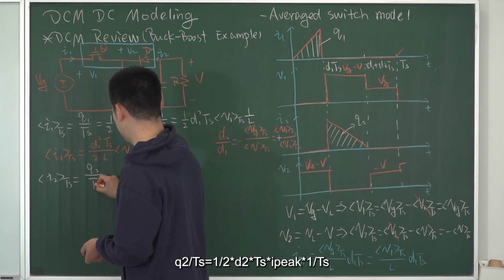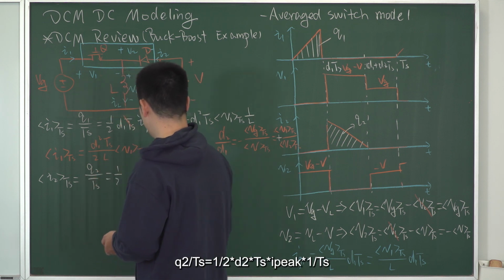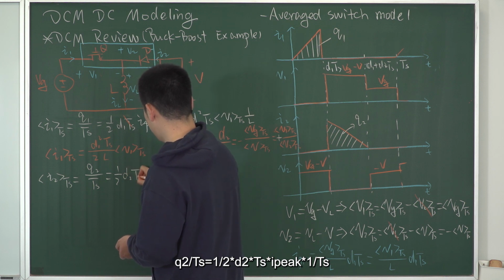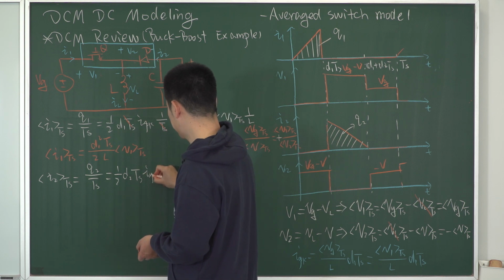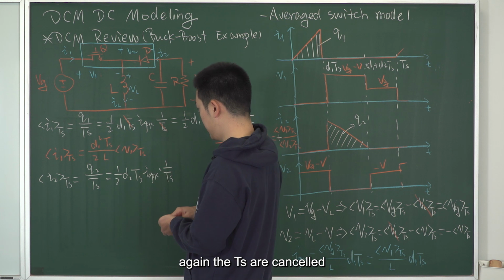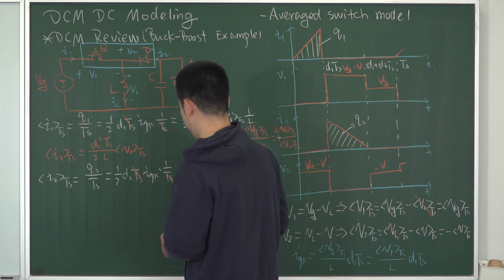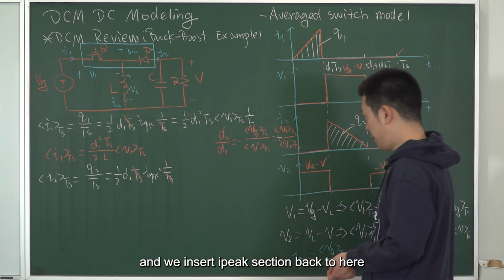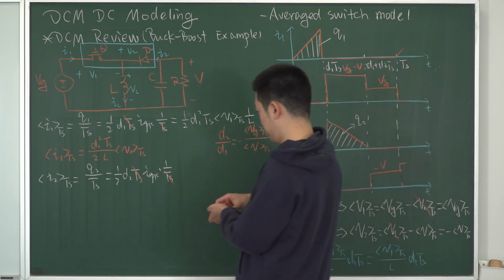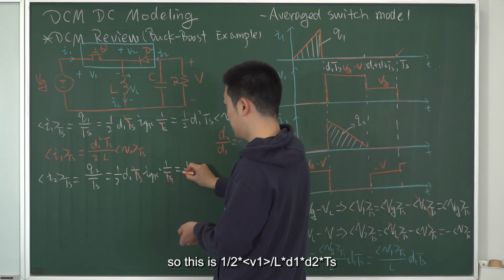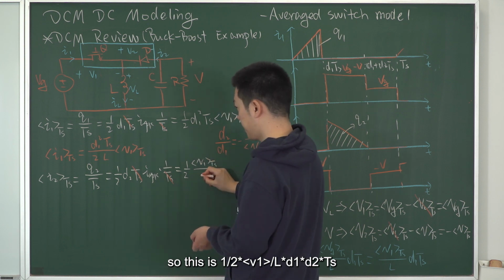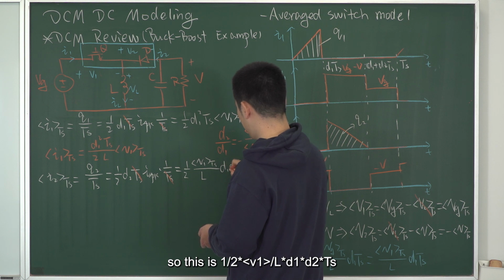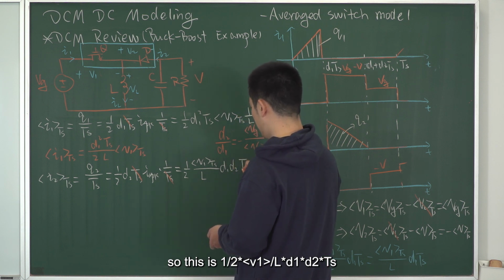Q2 over TS: the base is D2 TS, and the height is still I peak. Again, the TS cancel. And we insert the I peak expression back in here. So this is 1 over 2 times V1 average over L times D1 D2 TS.